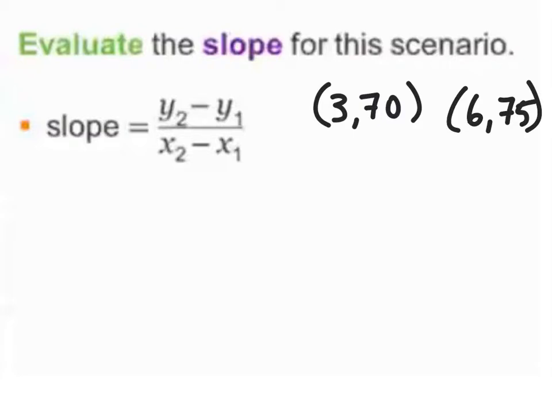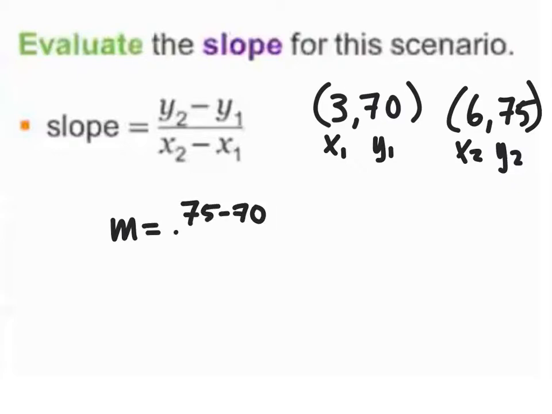I'm going to label this one as my first point, so x1, y1, x2, y2. Calculating my slope, I'm going to take 75 minus 70 over 6 minus 3. So I'm going to get the slope of 5/3.